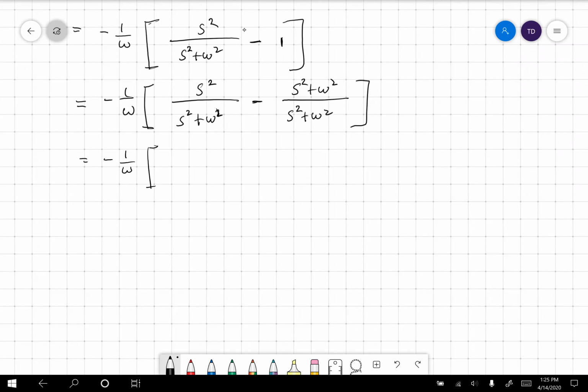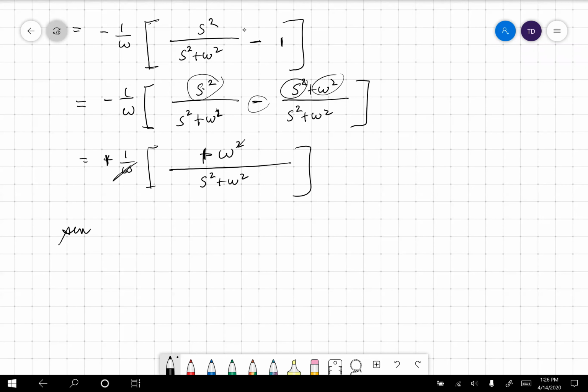Inside of the brackets, common denominator, s squared plus omega squared, and watch the beauty. S squared minus s squared, they cancel. Minus omega squared. This negative out here cancels with that one. One of these omegas cancels with one of that. And here it is.